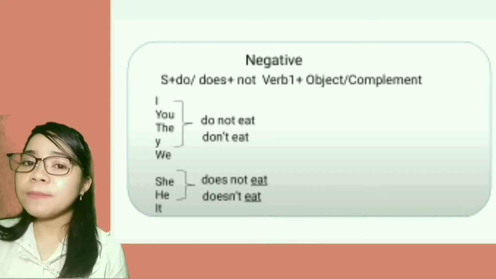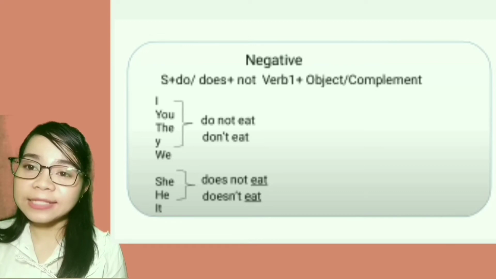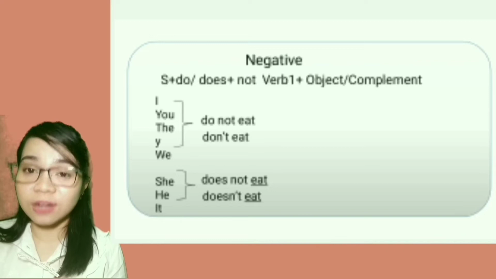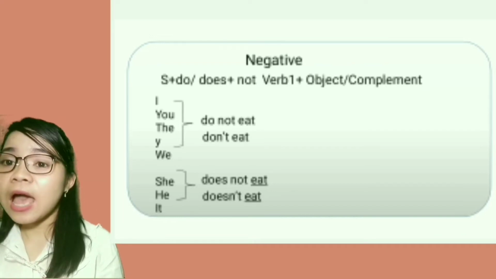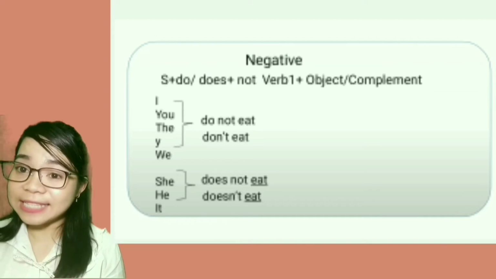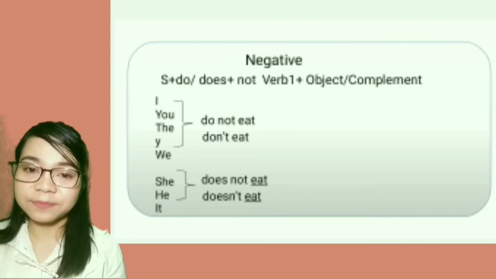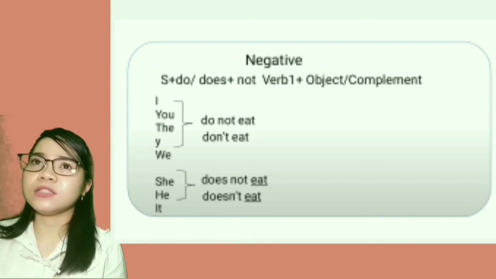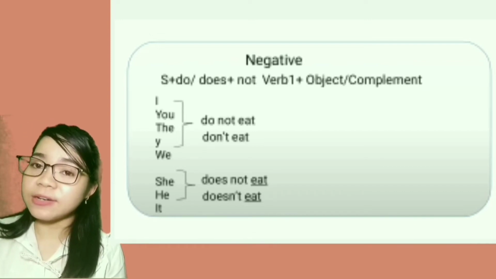Remember, don't add s or es to verb 1 in a negative sentence, because you already used does. He doesn't cook, my mother doesn't cook, my father doesn't cook.